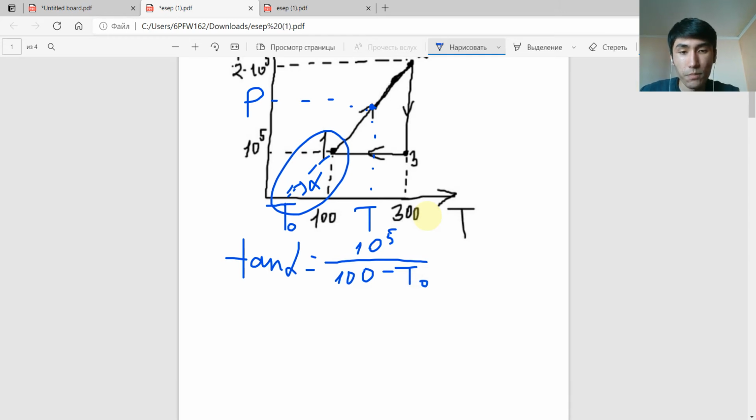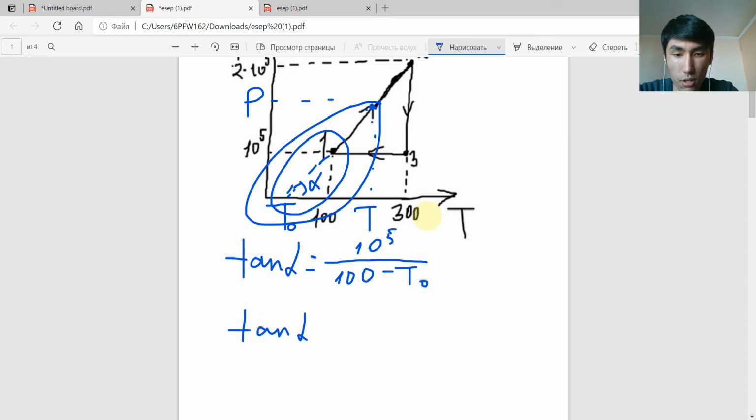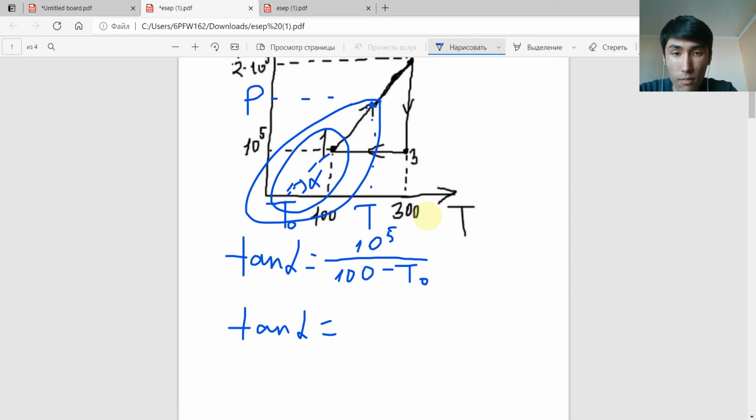And then the second part is here. Tangent alpha is also equal to this side divided by this side, right? Here P divided by T minus T0, right?